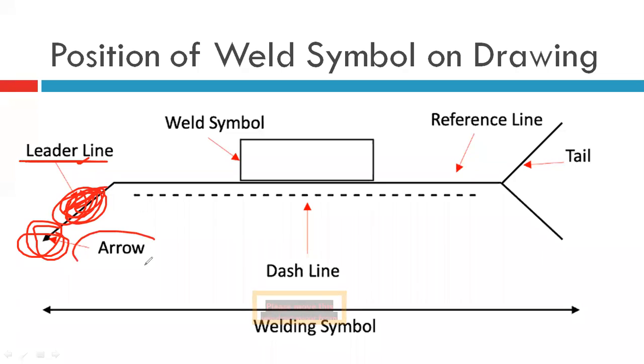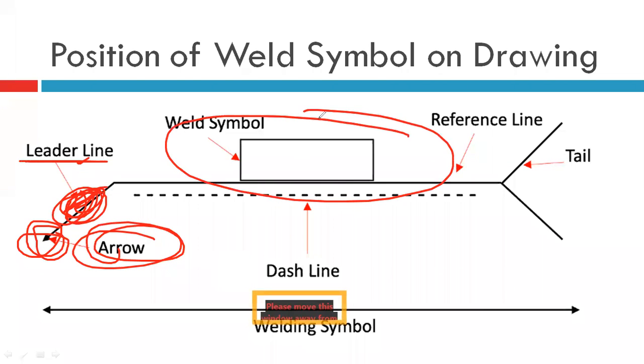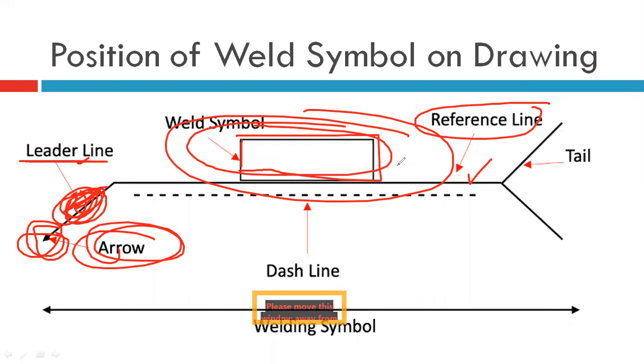This is a very important part, the arrow. Now the weld symbol is given here itself, not a square or rectangle. This is not the symbol. Actually, the position of the symbol is given on this reference line. This is a reference line, right? On this reference line, here itself, goes the symbol. We will see the different symbols in the next slides.